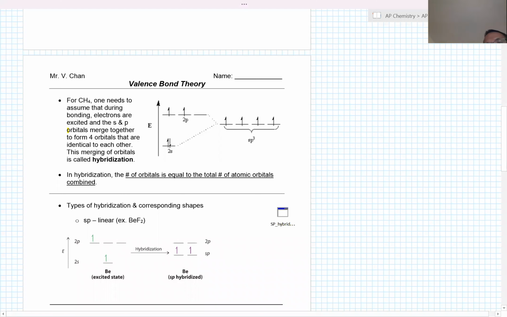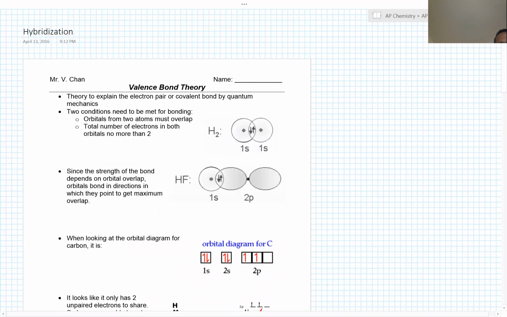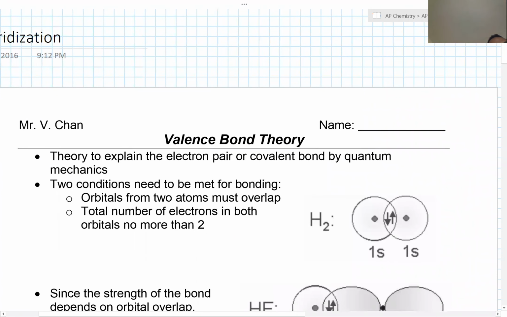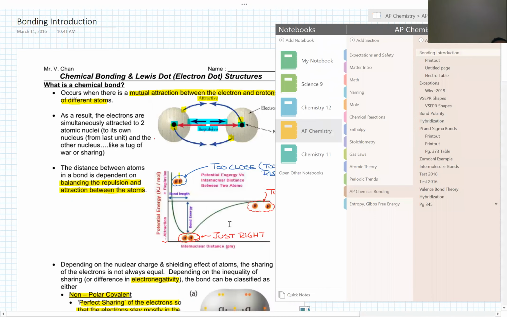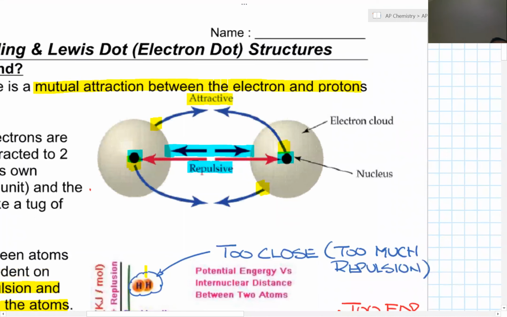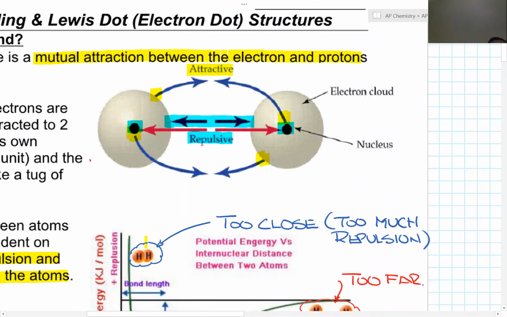one of the things that I wanted to talk to you folks about is something called the valence bond theory. Now, when we look back to bonding, regardless if you were in Chemistry 11 or Chemistry 11 honors, recall that bonding was about the sharing of electrons between two atoms, okay?